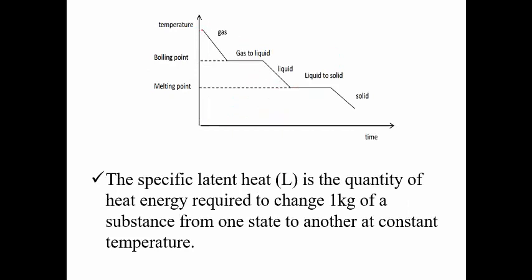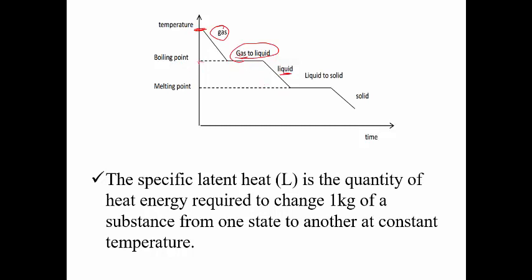Initially, the object is at high temperature, and at this temperature the substance is what? Gas. If the temperature is dropped, when it reaches the boiling point, some of the substance changes to liquid, and some remains gas. When the temperature drops below the boiling point, all the substance changes to what? Liquid.